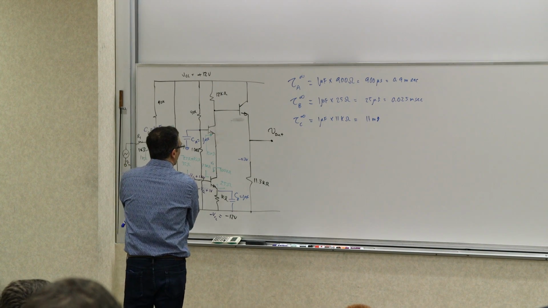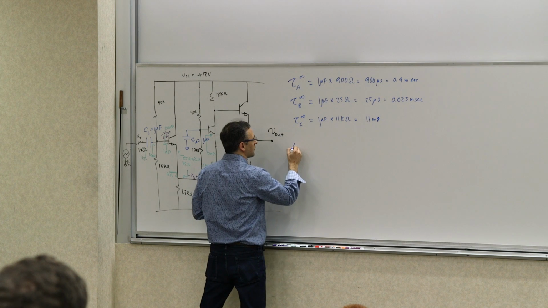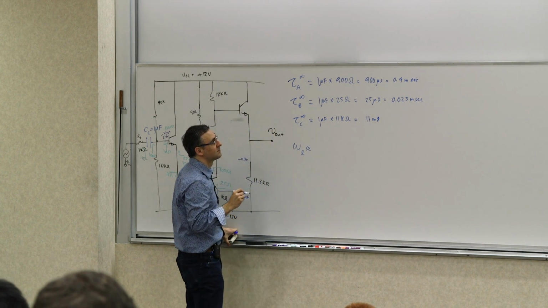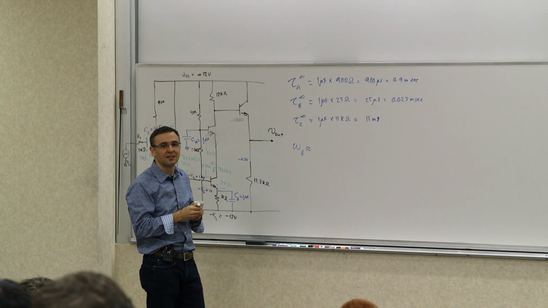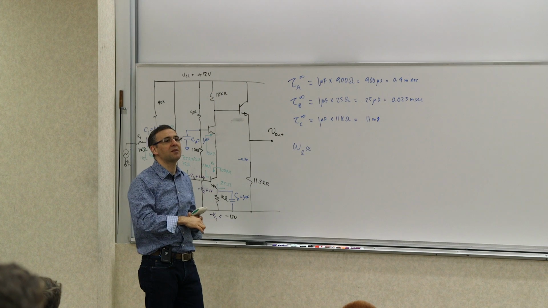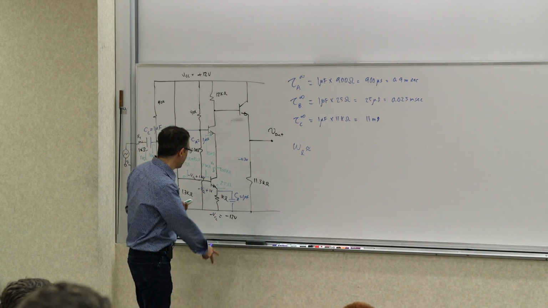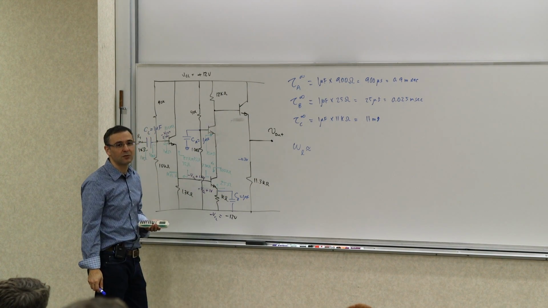So what's my estimate of the bandwidth of the low cutoff, omega L? Is the sum of the reciprocal of these time constants, right? So which one matters? Which one is dominating, really? Tau b infinity. This one is limiting me now. I don't even need to calculate the other ones to just get an estimate.